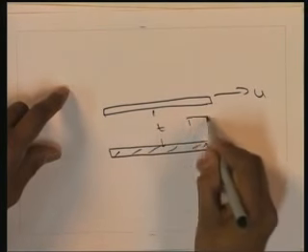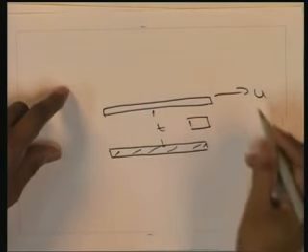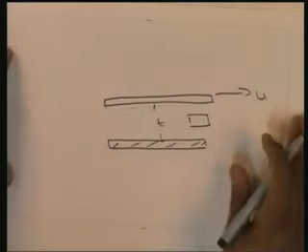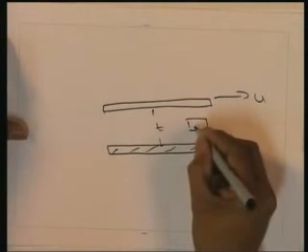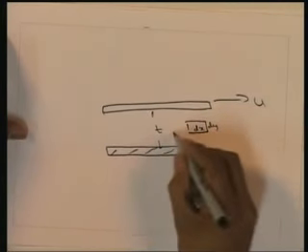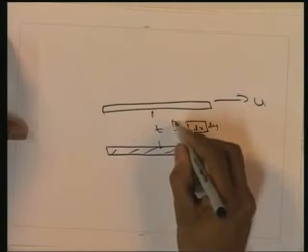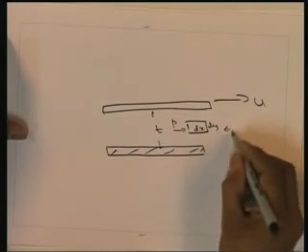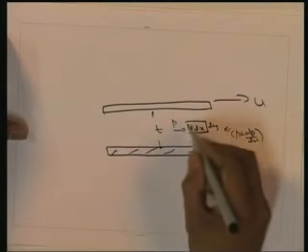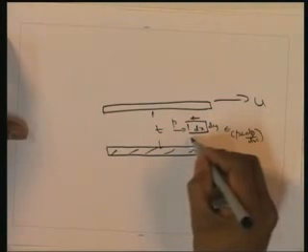Now we will derive an expression for the velocity of flow between the plates. We will consider a fluid element of size dx by dy, with the pressure force P on one side and P plus dp by dx on the other side, and the shear force on both sides.